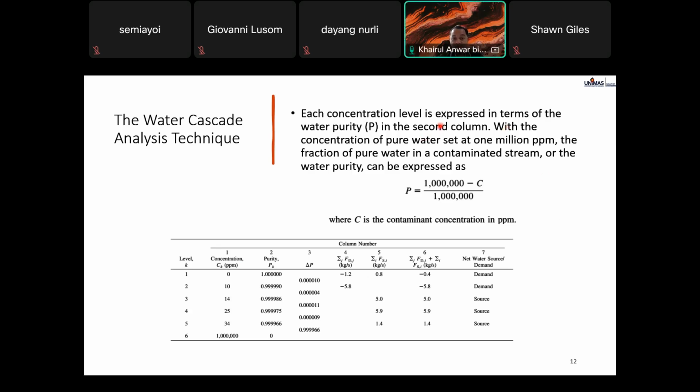So its concentration level is expressed in terms of the purity in the second column, with the concentration of pure water at 1 million ppm.